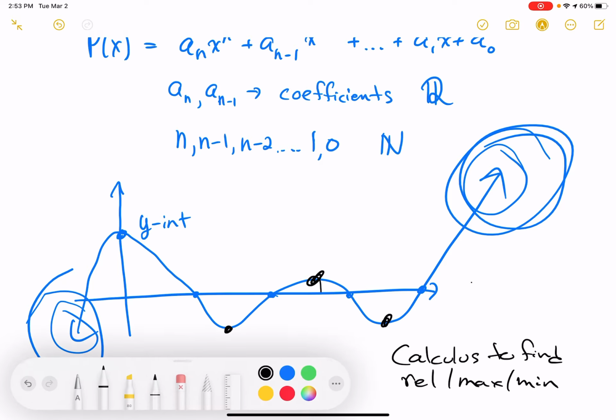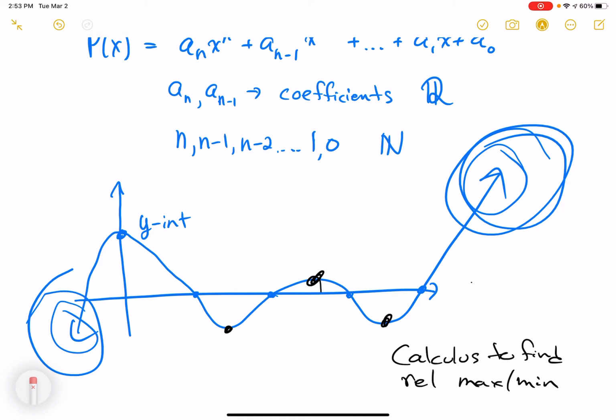So we will use calculus to find those relative max or min values, okay? We can estimate what they are by looking at graphs, but in order to find what those are exactly, you do something in calculus called take the derivative. And you set that derivative equal to 0, and that's differential calculus.